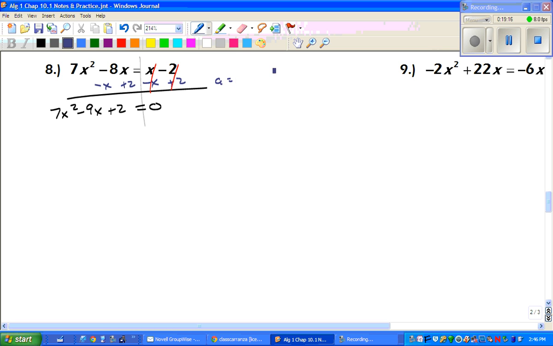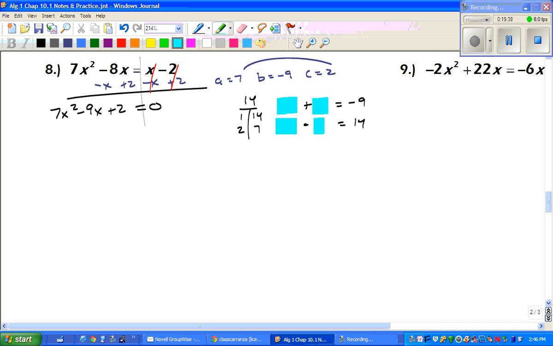Is there a GCF? There isn't. So we need to write down factors of 14, which are 1 and 14, 2 and 7, and which numbers add up to get to negative 9, but when you multiply, they get to negative or positive 14.